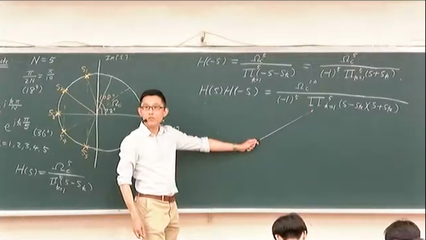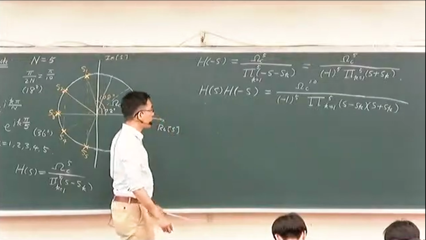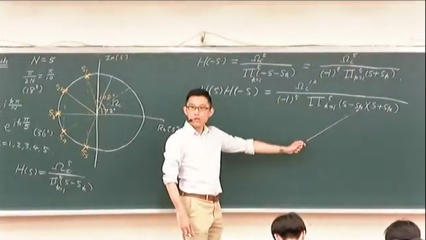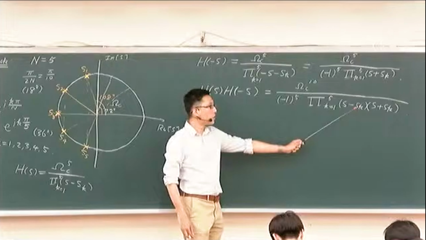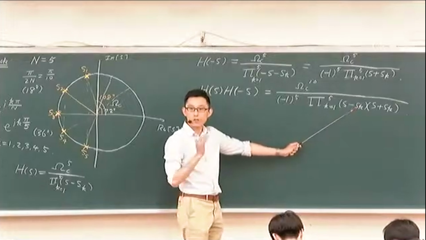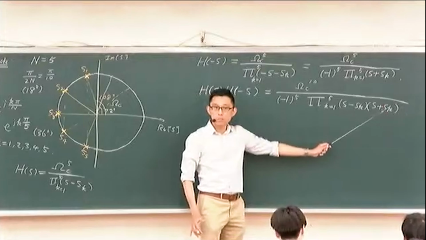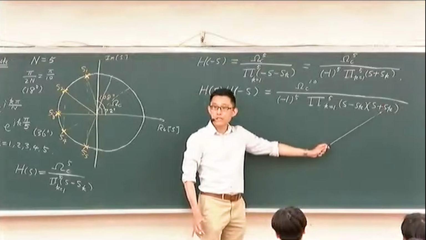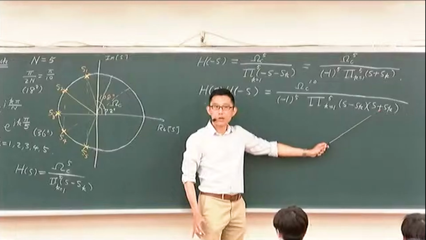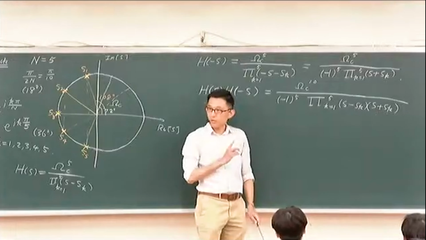And where are its 10 roots? The 10 roots are located at S1, S2, S3, S4, and S5, and 5 additional roots at minus S1, minus S2, minus S3, minus S4, and minus S5, 10 roots. Okay?